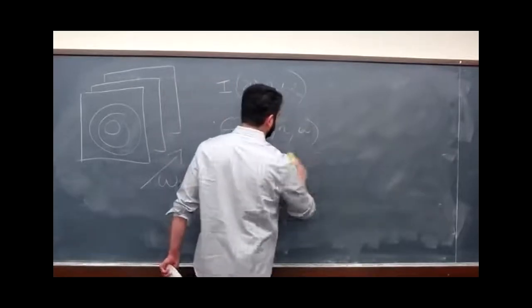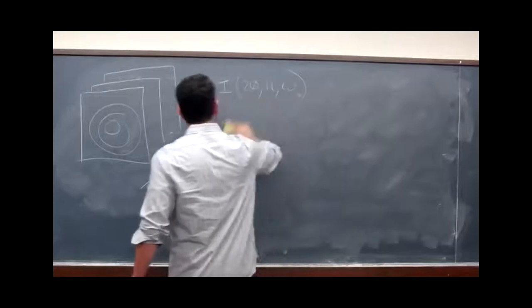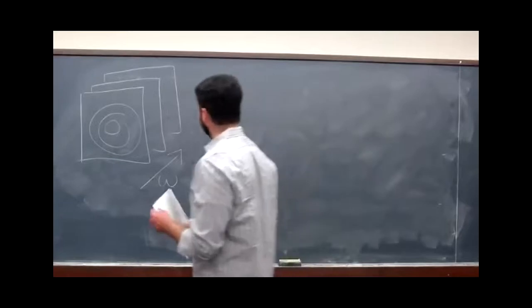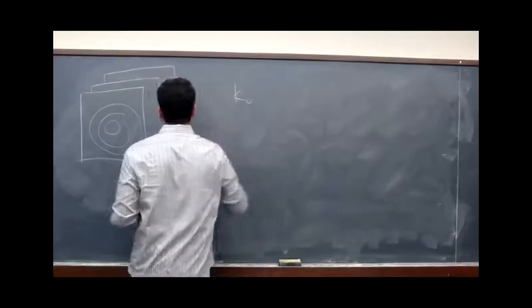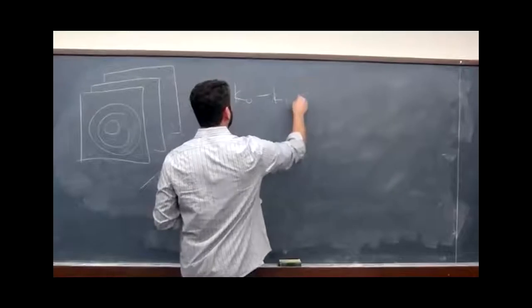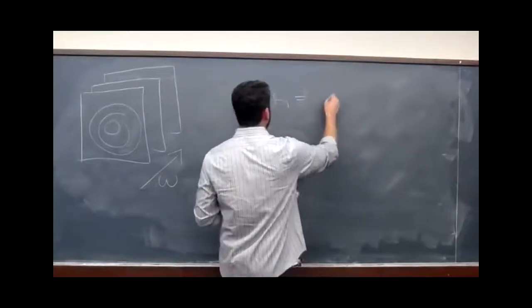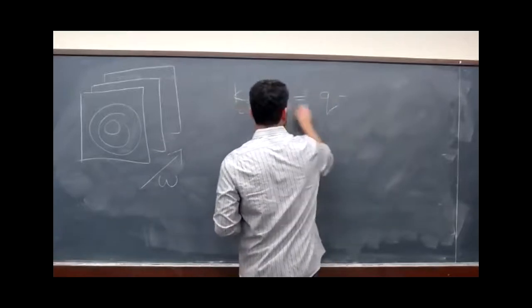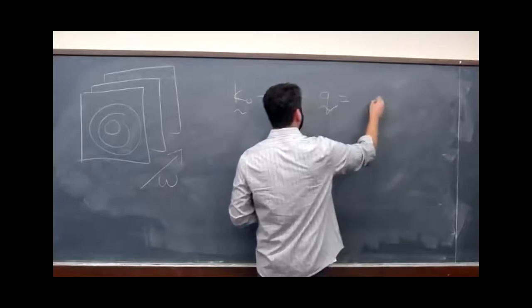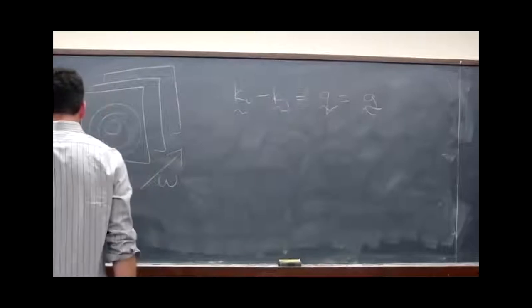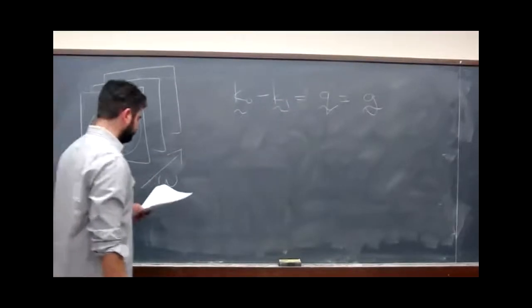So if we remember from the lecture 6 notes, we can take those 3 angles and map them directly to reciprocal space. Each point on the detector corresponds to an outgoing wave vector, and we know that the difference of the outgoing and the incoming wave vector is the scattering vector. And most importantly, when diffraction occurs, the scattering vector is equal to a reciprocal lattice vector.